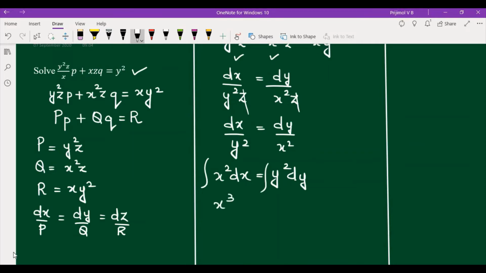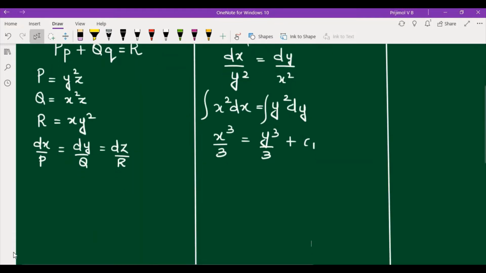After integrating, you get x cube by 3 equals y cube by 3. You can add a constant, say c1. Now bring this y cube by 3 to the left hand side, because I want only c1 on the right hand side. So x cube by 3 minus y cube by 3 equal to constant.